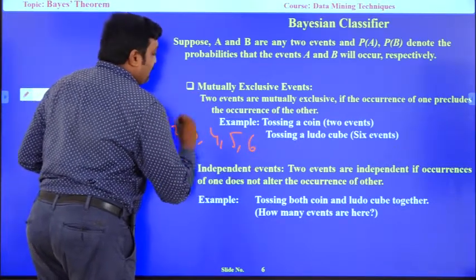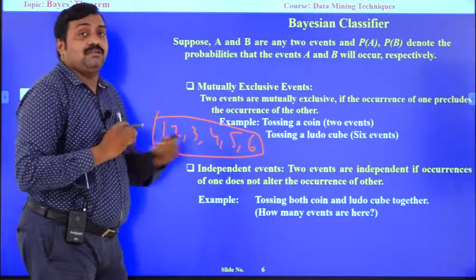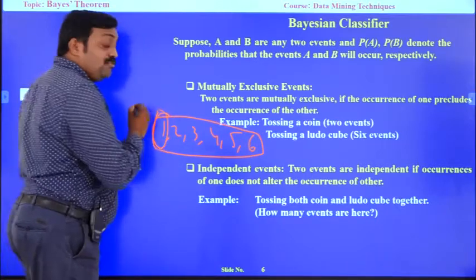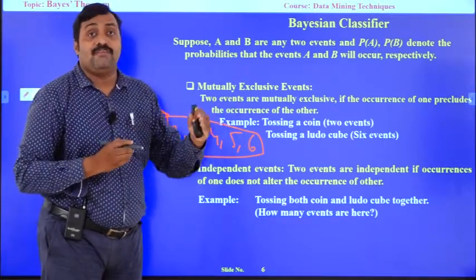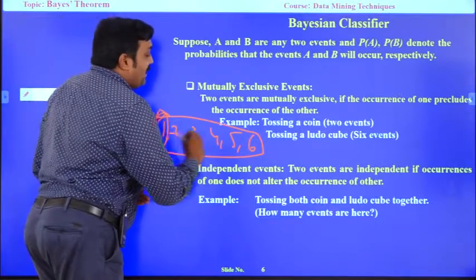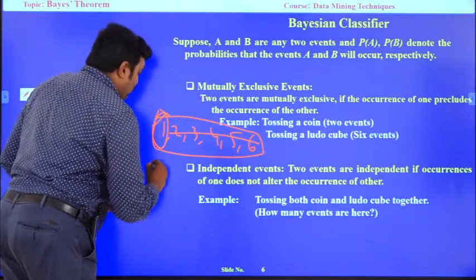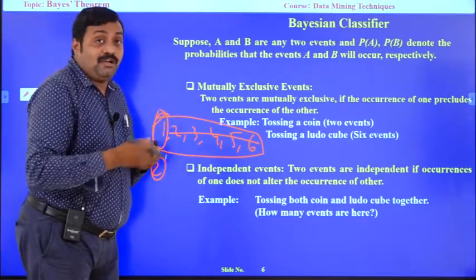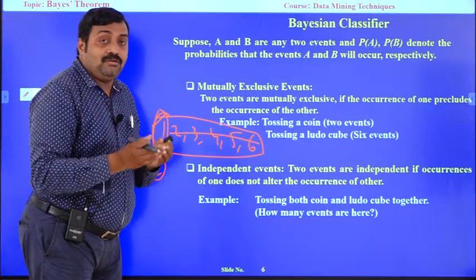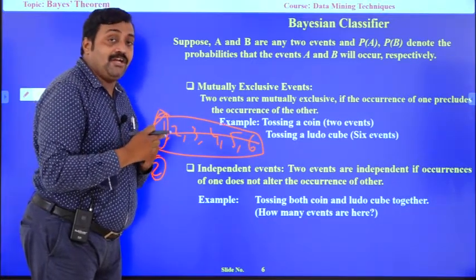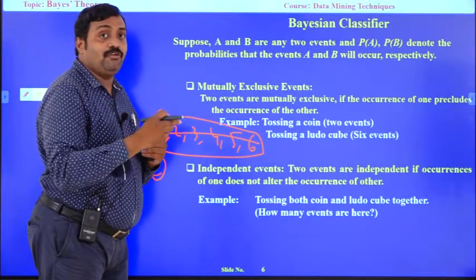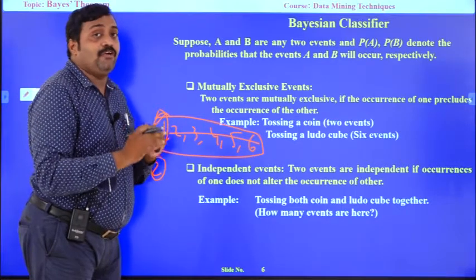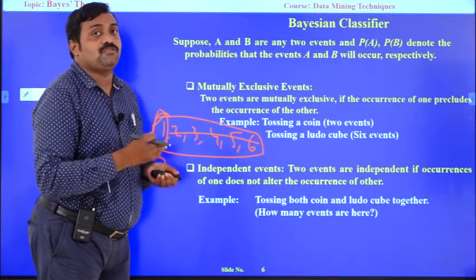That means the cube has 6 values, and there is a chance of getting only one value, not all 6. If I get 2, then 1, 3, 4, 5, 6 won't occur. So while rolling one dice, I can get either 1, 2, 3, 4, 5 or 6, but there is no chance of getting any two values at a time. That is what we call mutual exclusion.